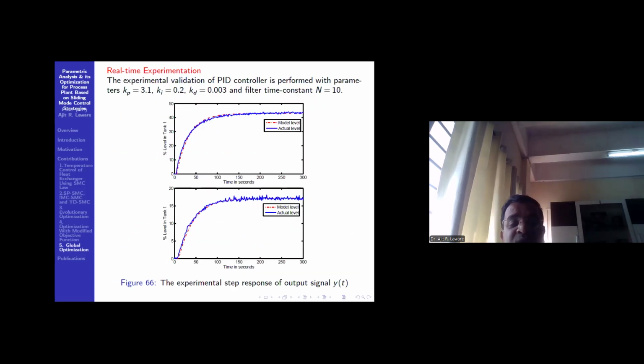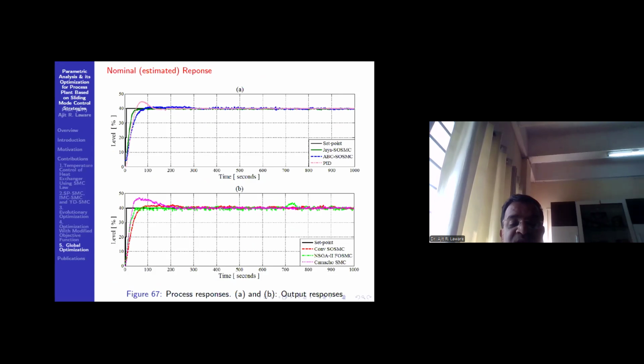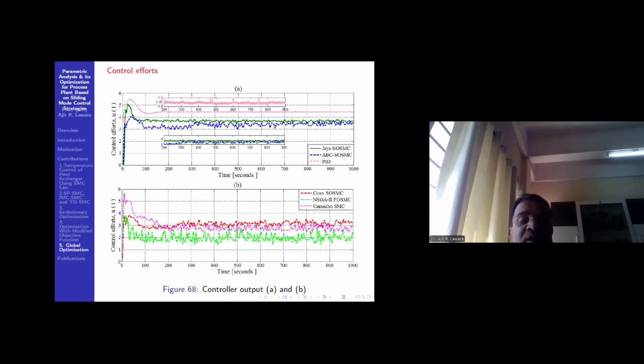So for this real-time open loop test, it shows model levels and actual levels. They coincide with each other, meaning a best fit is there. Then this is the nominal process response, and here I am getting that Jaya is the best compared to the other ones.